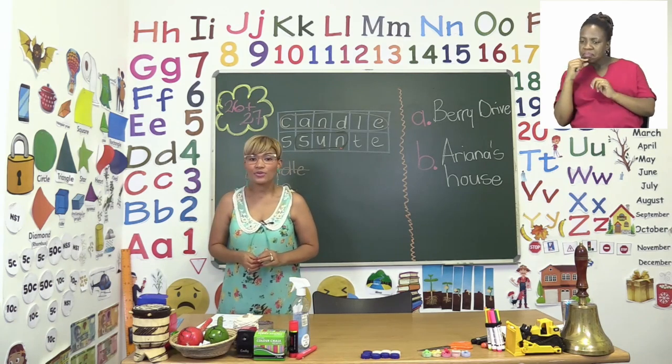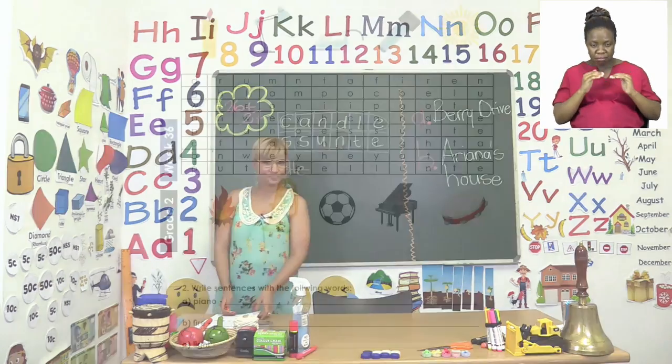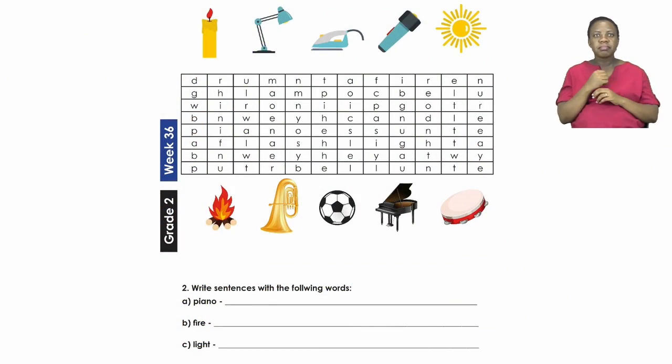Now before you continue with your word search, let's quickly have a look at number 2 in the booklet. Now for number 2 it says, here you need to write sentences with the following words. These words are a piano, fire, and light.